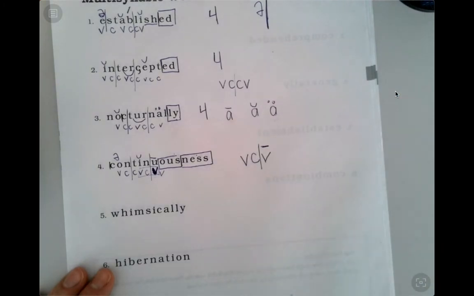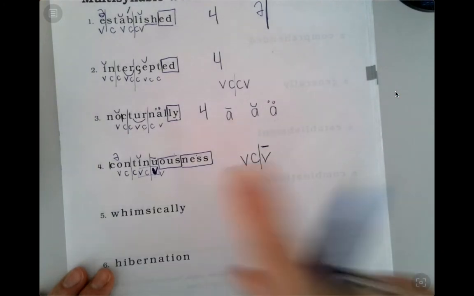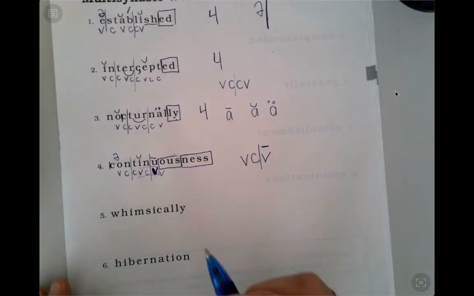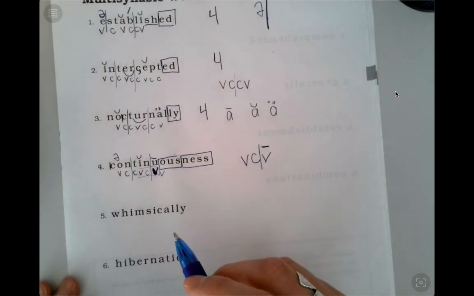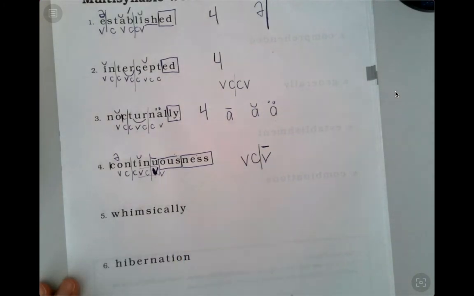Continue, continuousness. This one is pretty tricky. Why is the line not, you said like if there's a schwa, the line would go right after the schwa. Yeah.